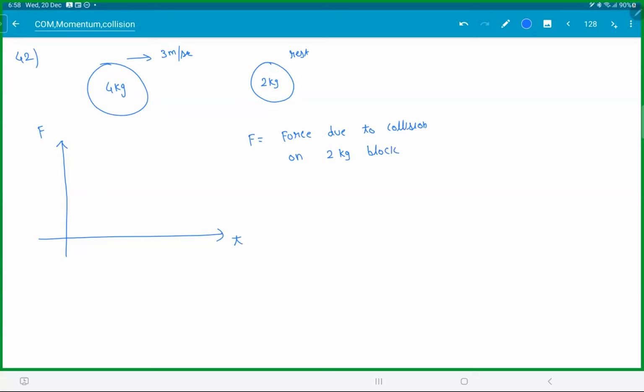If you try to plot the graph, again a hypothetical graph, let's say this time is 4 into 10 power minus 3 seconds.